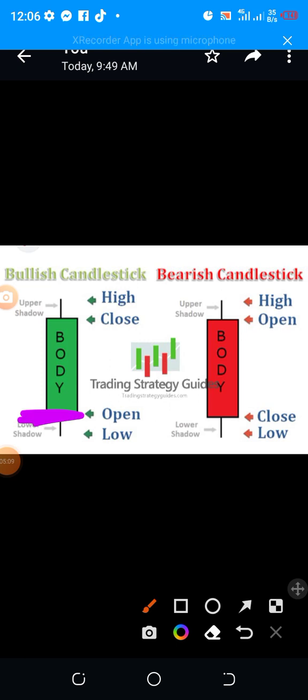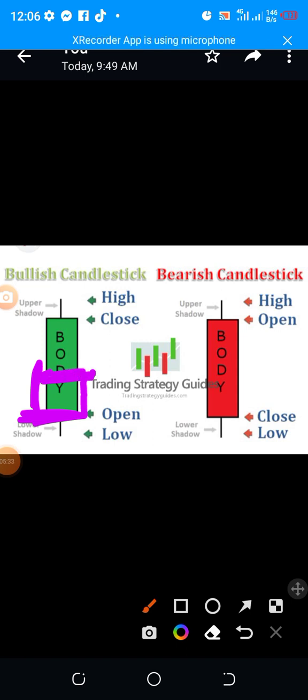When it opens here and it is a bullish candle, the buyers will come in, because these candles represent the number of buyers and the number of sellers. When the candle starts forming and buyers come in and push, they start buying that currency or coin, and the body will start forming green.